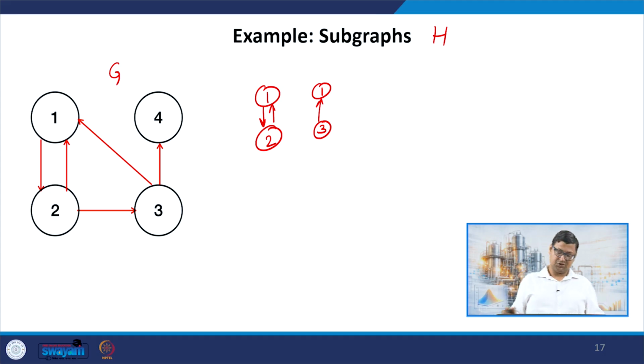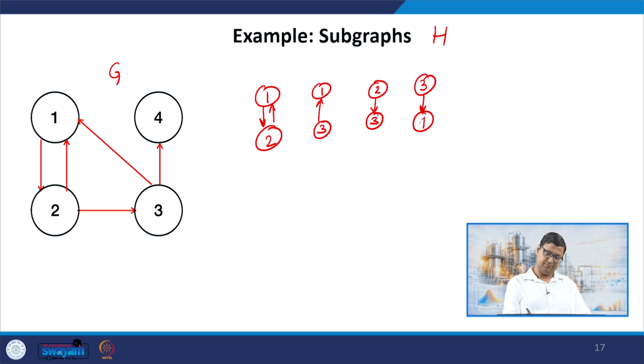I can take, of course, 2 and 3. And 2 and 4 also I will not take because they do not have an edge in between. In principle, that also forms a subset, but it is not meaningful. And then I can do 3 to 4. And then I can also make combinations of 3 vertices. Of course, I can in principle take only one vertex as a subgraph as well, but that is also meaningless because what does it represent?